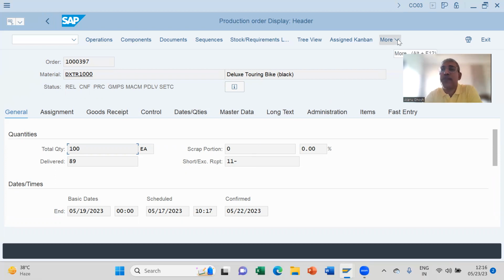Now there are various cost reports, and it's a fairly complex process, because while production orders are capturing the cost, finally the cost needs to be settled to cost centers. Cost centers are departments. So do not confuse the production order, which is capturing the cost for production purposes, as an intermediate vehicle.